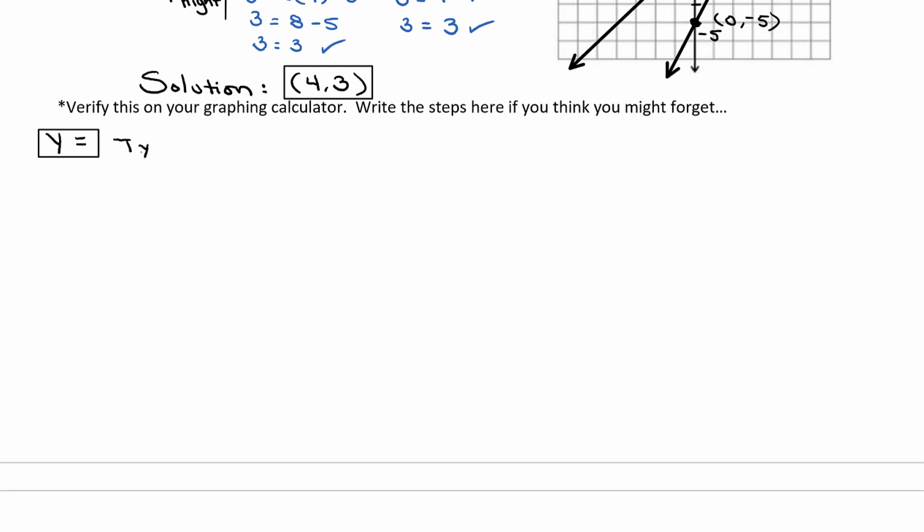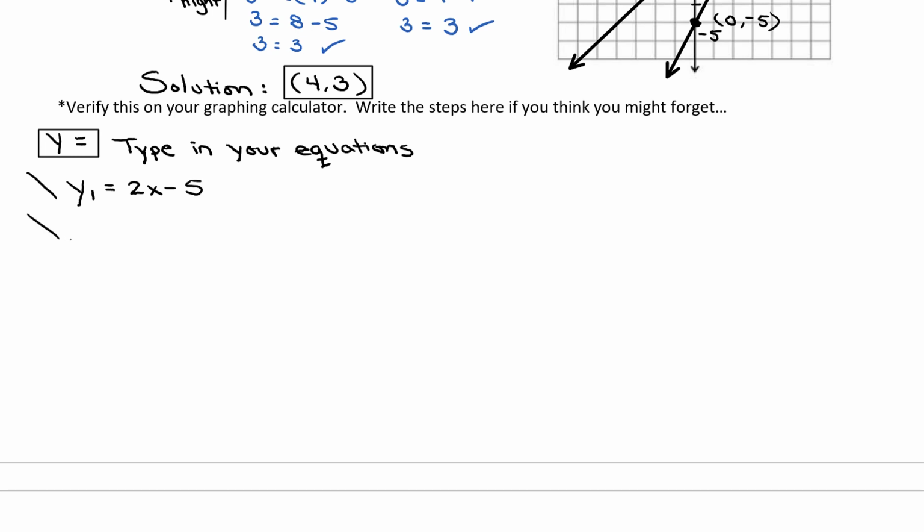Once you press that in, you're going to be typing in the equations that we want to graph. For the first one, you go where it says Y1 equals, and then you type in 2x minus 5.